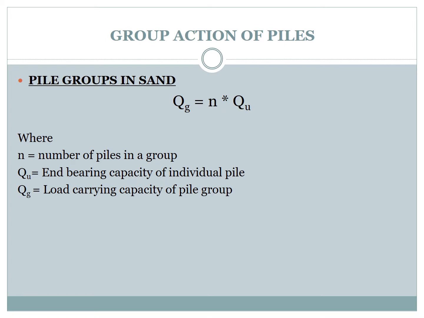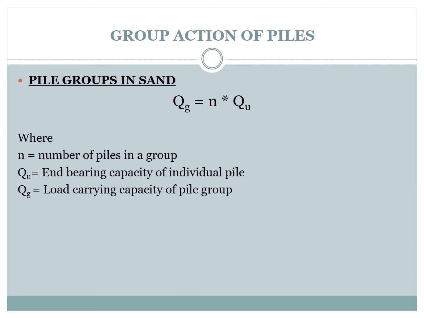Now, group action of pile in sand soil. The load carrying capacity of a large equivalent pile will be more than the sum of the load carrying capacities of the individual piles in sandy soil, due to the densification of soil that occurs during the driving of piles.